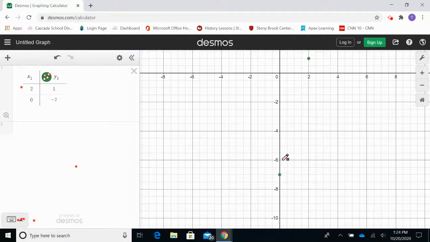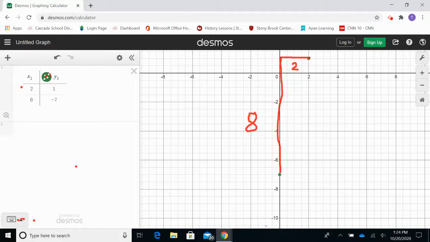Actually, from this, even without a line, we can count. So this is 1, 2, 3, 4, 5, 6, 7, 8. So we have 8 going up, and then we have 2 going over.